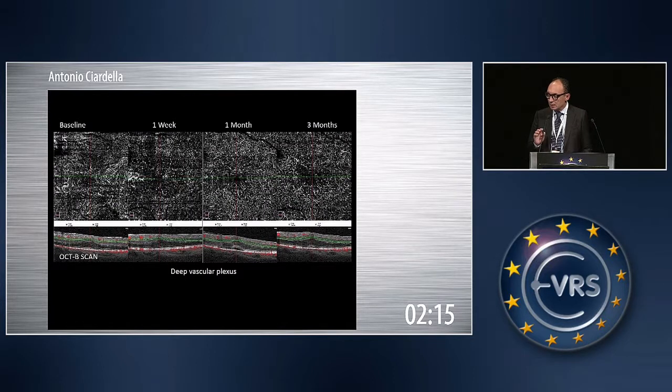And this is the deep vascular plexus, and again you can see that after surgery for macular pucker there is a progressive restoration of the normal anatomy, and you can see at 3 months again a foveal avascular zone which was not present before the surgery.